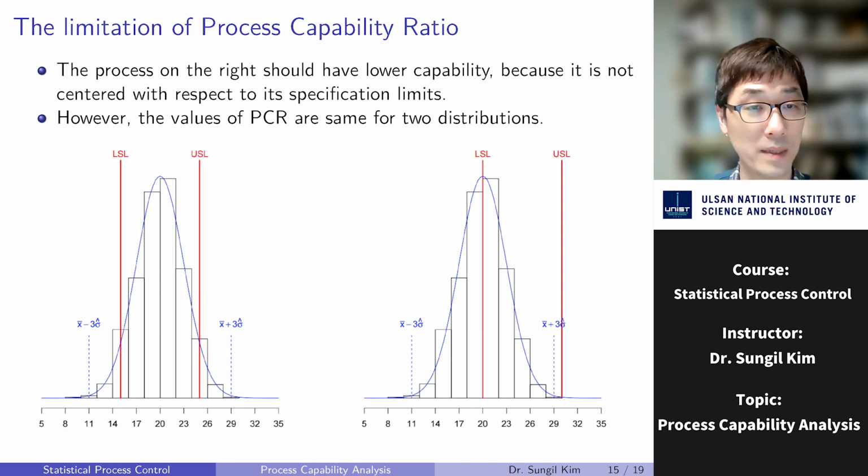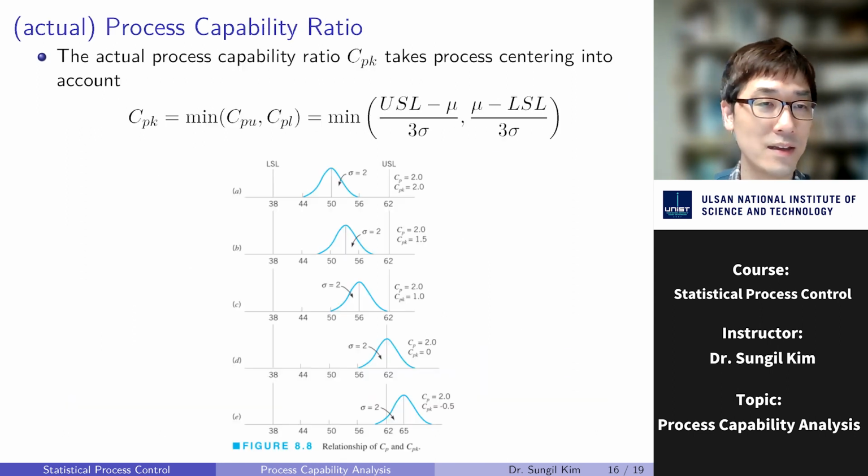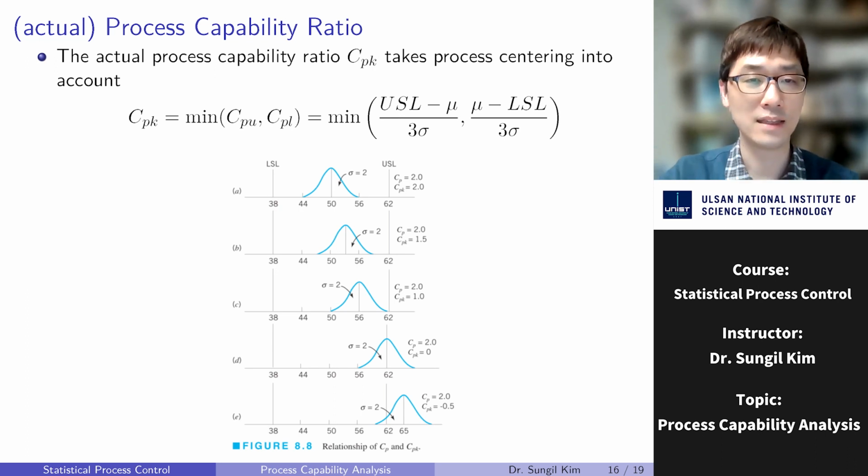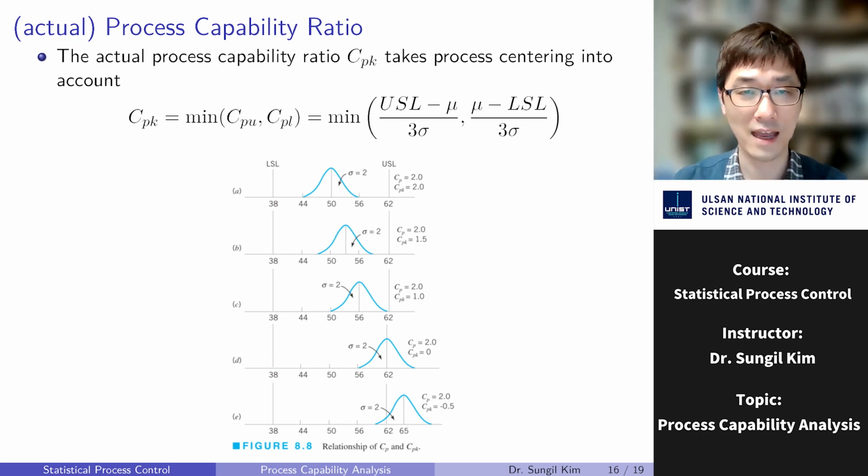However, the values of PCR are the same for the two processes, although they are different. So to overcome the limitation of the PCR, the actual process capability ratio is proposed as the minimum between the distance to the USL and the distance to the LSL.